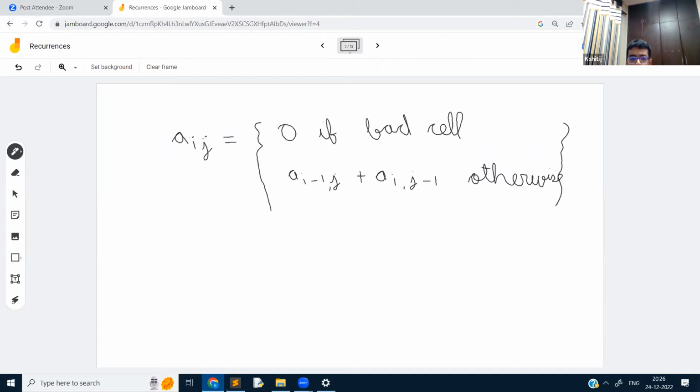And now obviously we need to consider the case when it's the first row or first column. So Aij is equal to 0 if i is less than 1 or j is less than 1.